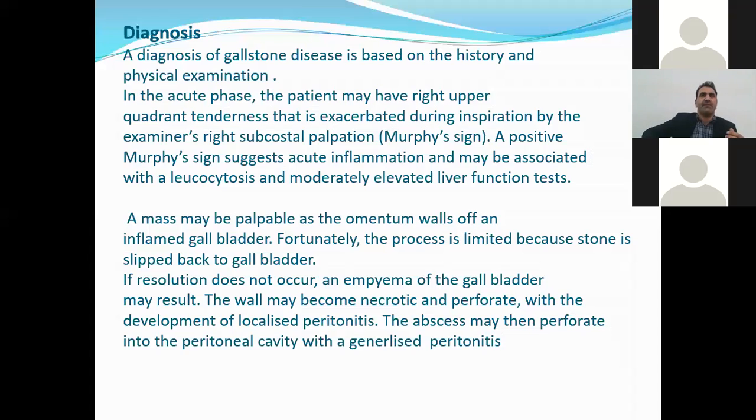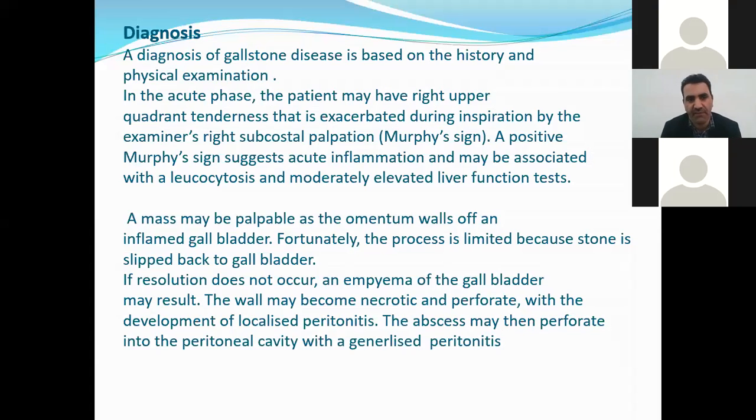When we press on the right subcostal area, especially on the angle between the right subcostal margin and the rectus sheath, here is the fundus of the gallbladder. And when I press on it, the patient catches the breath, called Murphy sign.